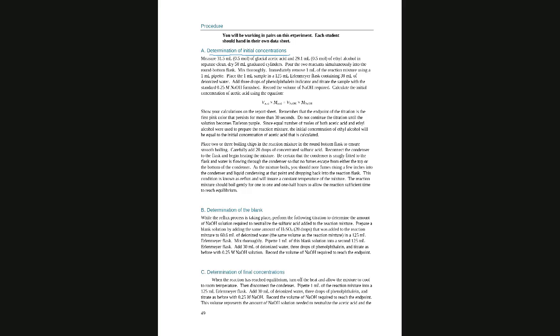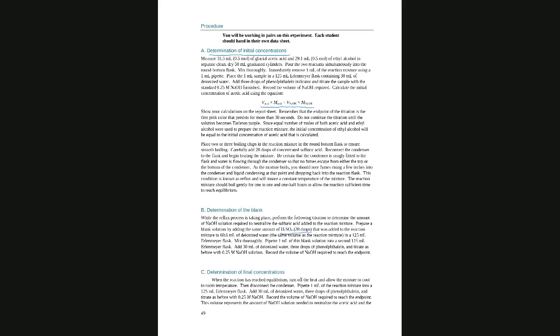I think you did that in Chem 1. And we've already seen how to calculate from this formula the initial concentration of acetic acid. And then for part B, we need the volume of the blank. We already talked about that. We said that in order for the reaction to start, we add 20 drops of sulfuric acid.